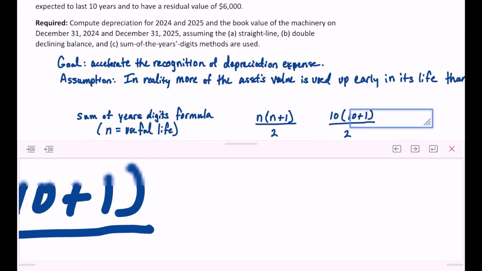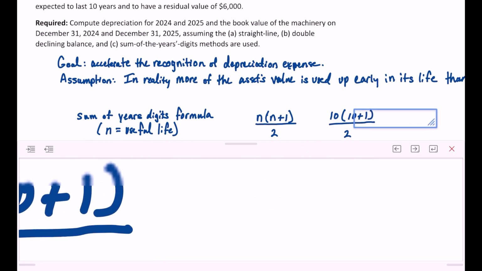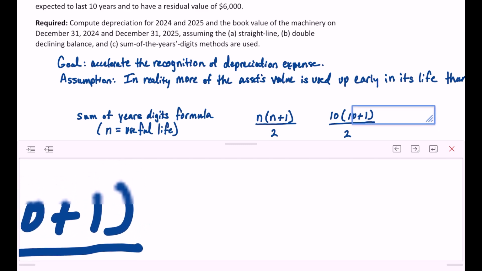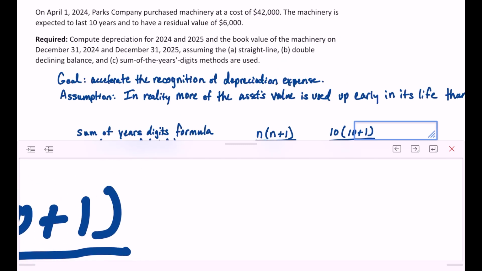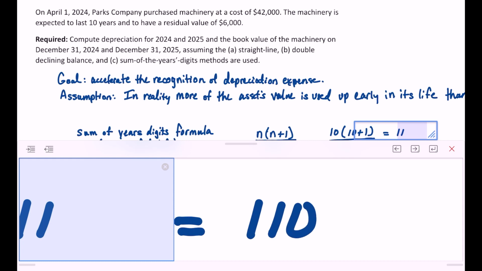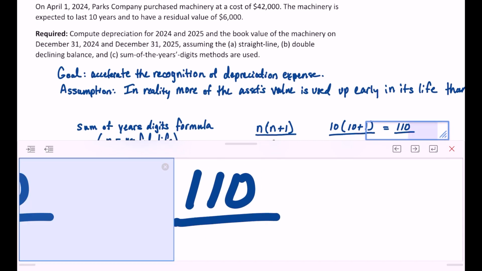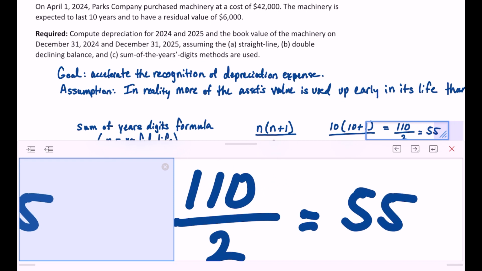And so what you get is 10 times 11, which is 110, and you're going to divide that by 2. So the sum of years digits formula gives you a number, 55. We're going to use that number to calculate our depreciation expense.